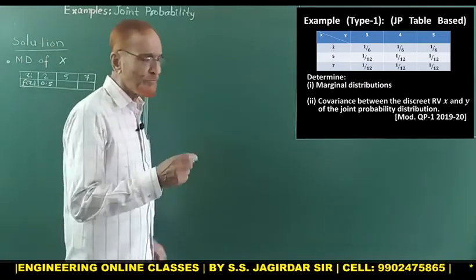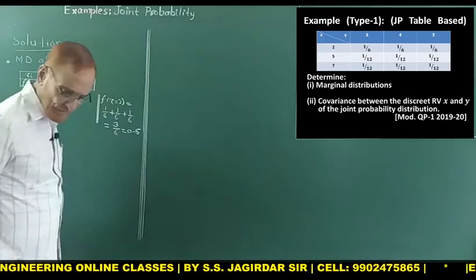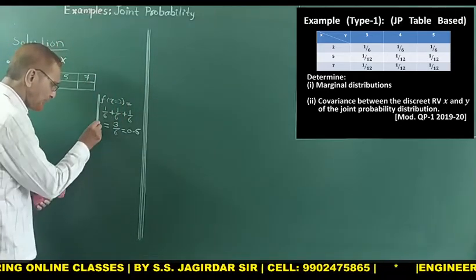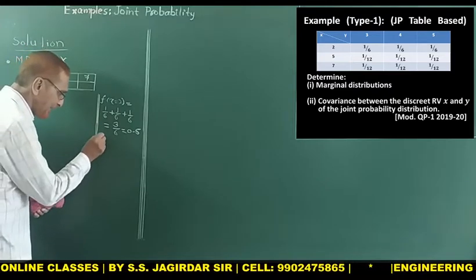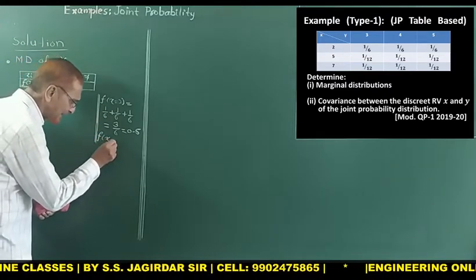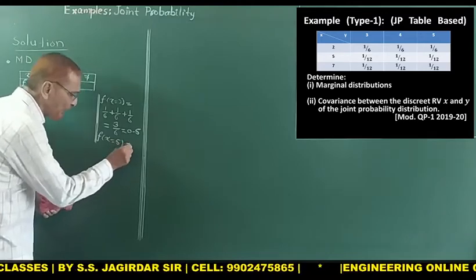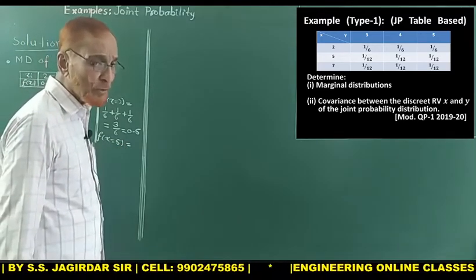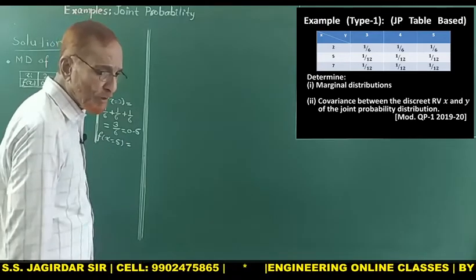Next we will go for 5. So what are the values for 5? Just see in the table against 5 along the row: 1 upon 12, 1 upon 12, 1 upon 12.